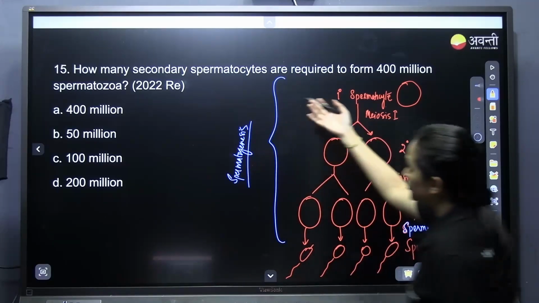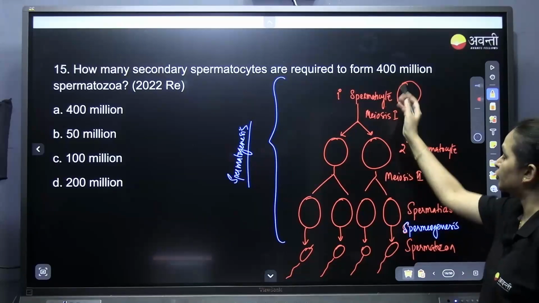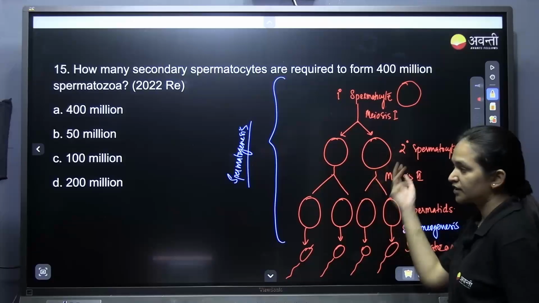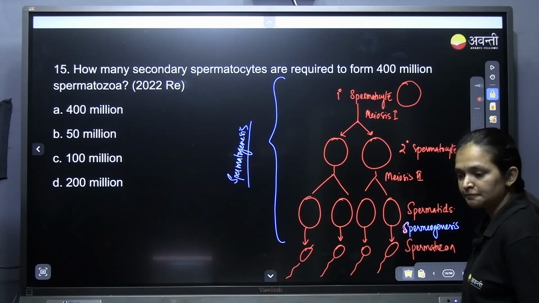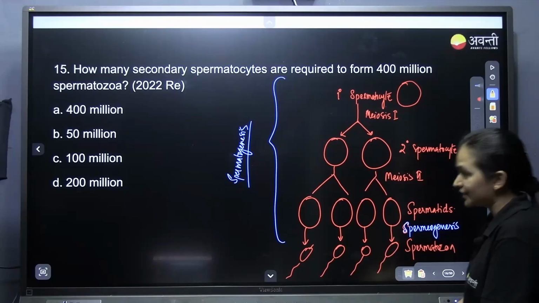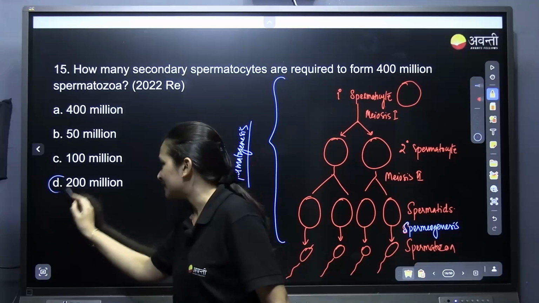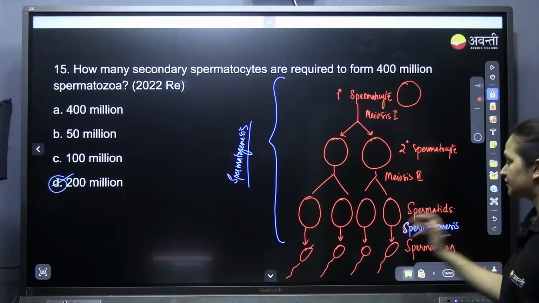spermatogenesis. Now the question is, how many secondary spermatocytes are required to form 400 million spermatozoa?